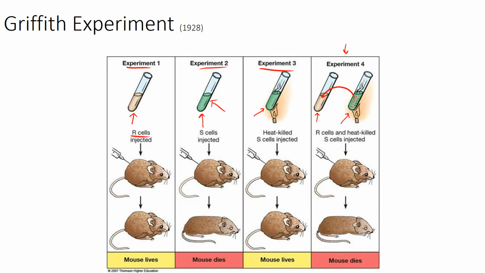Okay, and what we later figured out is that when the cells break apart, the DNA is floating around in here, and the non-deadly bacteria can take it into their cells and then use it to gain a new trait.